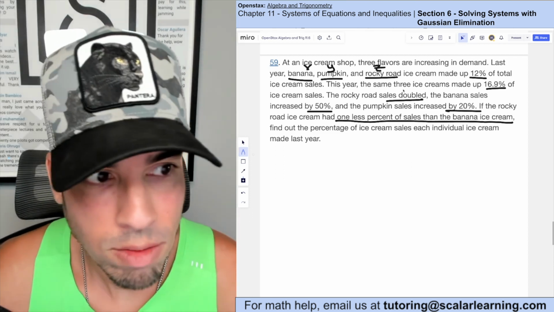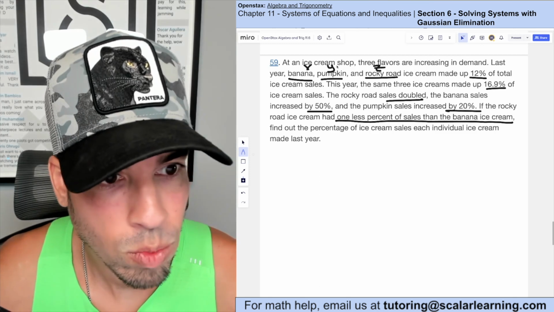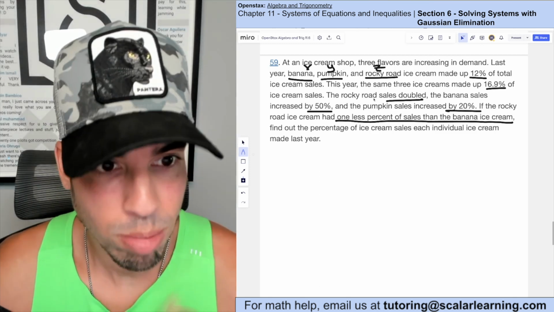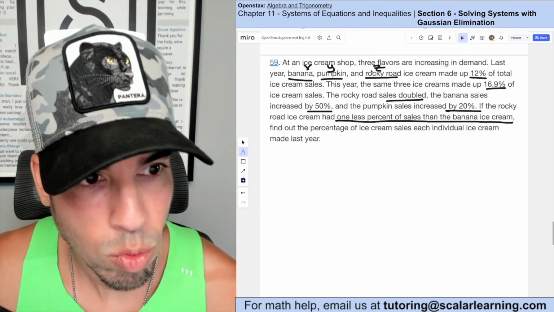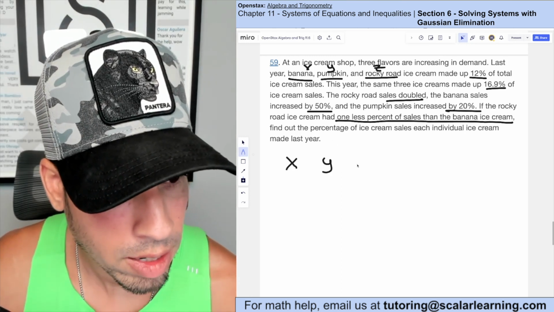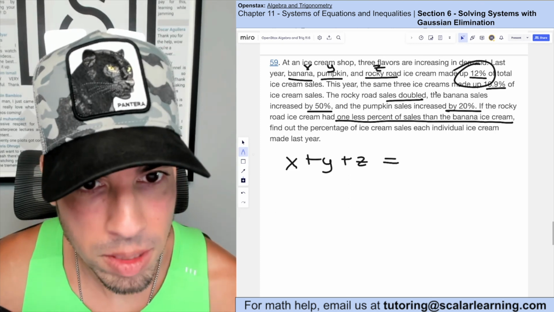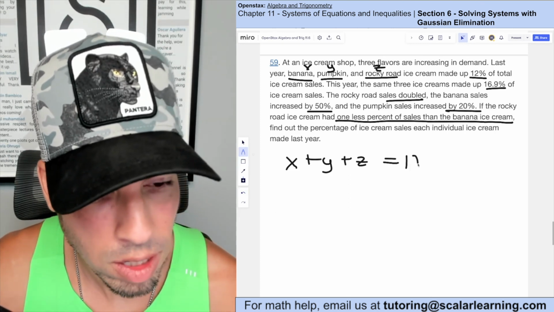Okay, we got a lot of information here, so let's kind of put this out there. So first of all, x, y, and z are going to represent percentages. And in particular, this will represent last year's percentages. So x, y, and z are last year's percentages, and all three added up, it says it equals 12%. Okay, great.